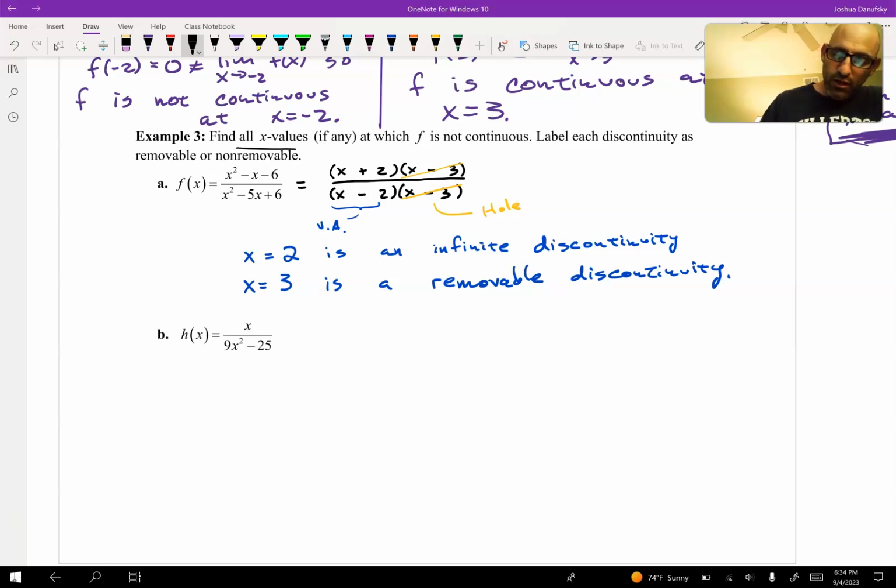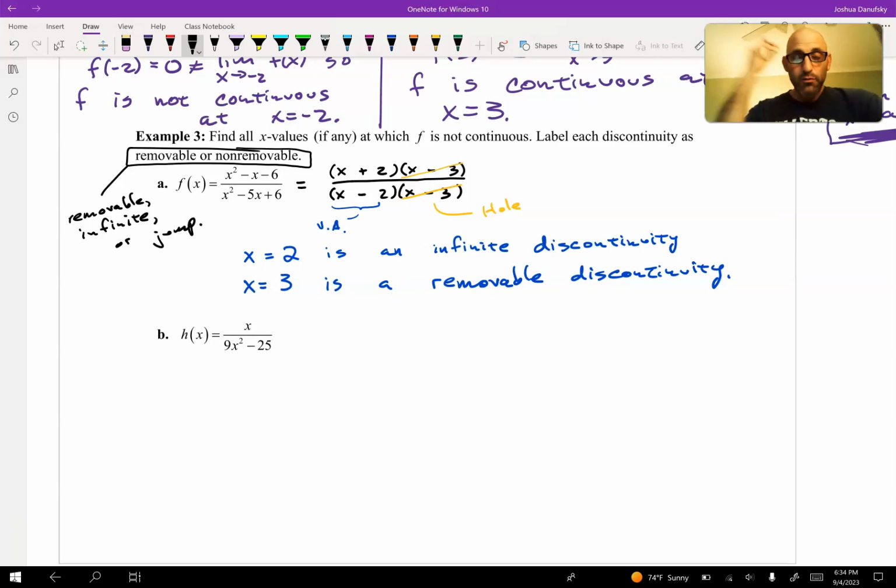So changing these instructions, it's going to say to label each discontinuity as removable, infinite, or jump discontinuity. Jump discontinuity is where the right-hand limit and left-hand limit don't equal each other.